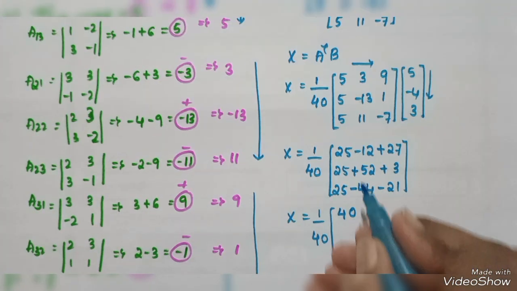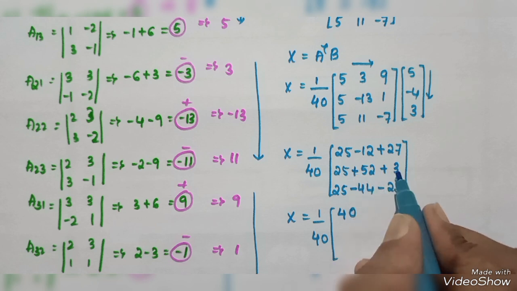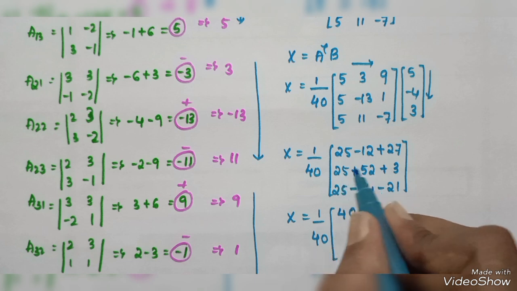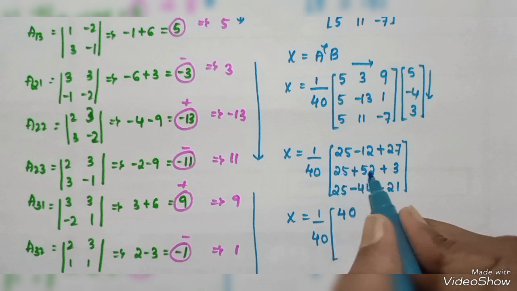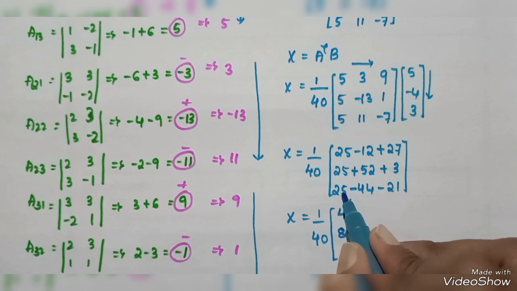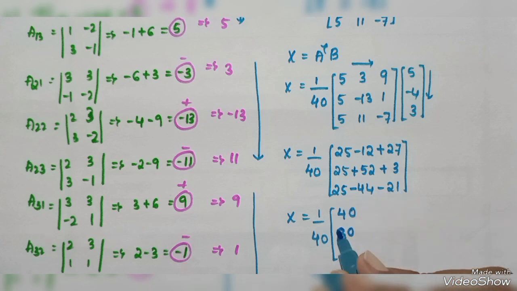Okay, here 25 plus 2, 52 plus 3, 60, 60 plus 25, which, okay, 25 plus 52, it becomes 50 plus 20, 70, 77, and it becomes 80. Now 25, 25, okay, here minus 44 minus 21, that is 40 plus 20, 60, 65 plus 20, 65 minus 20 minus 40.